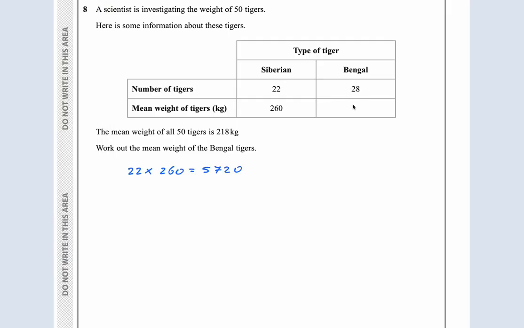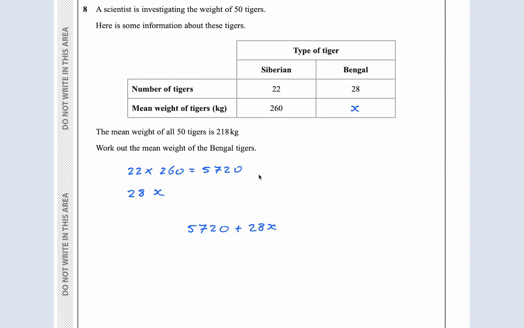The total weight of, let's call this X. The total weight of the Bengal tigers is 28 times X, or 28X. So that means the total weight of all the tigers is 5720 plus 28x. That's the total weight of both.